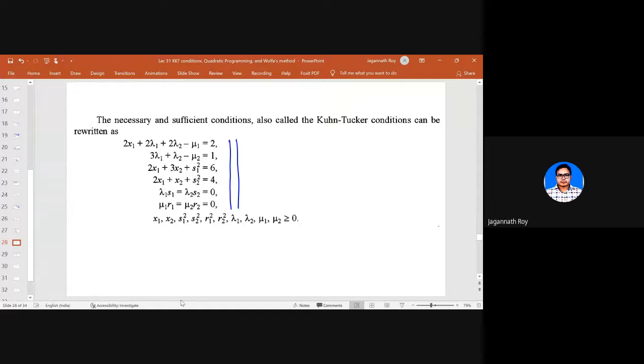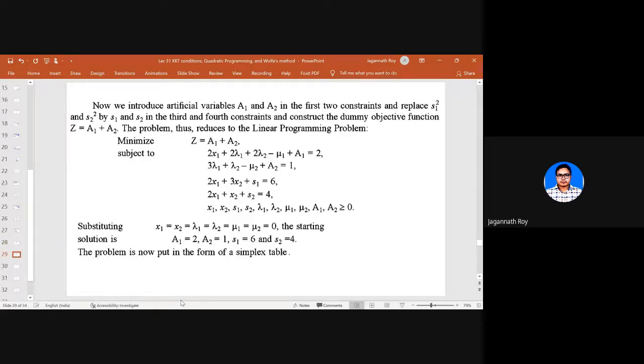These are the necessary conditions for this problem. Then you have to redefine the problem: you have to minimize these functions, and then we find out the x1, x2, lambda 1, lambda 2 values.